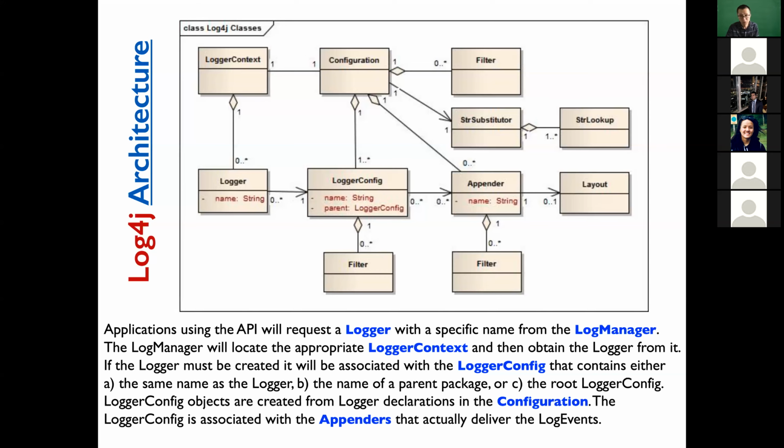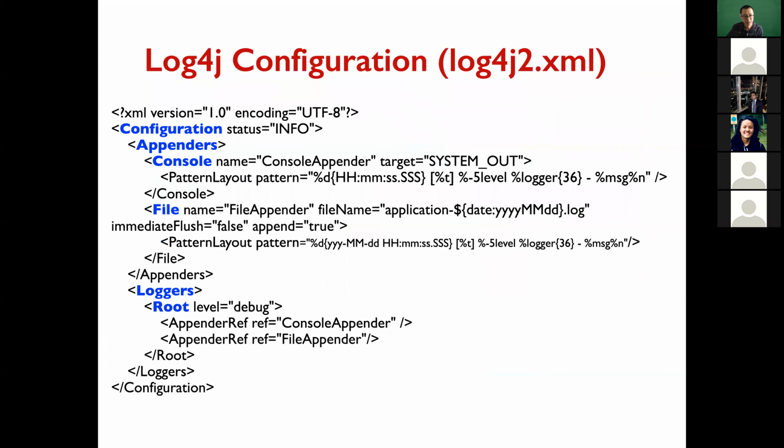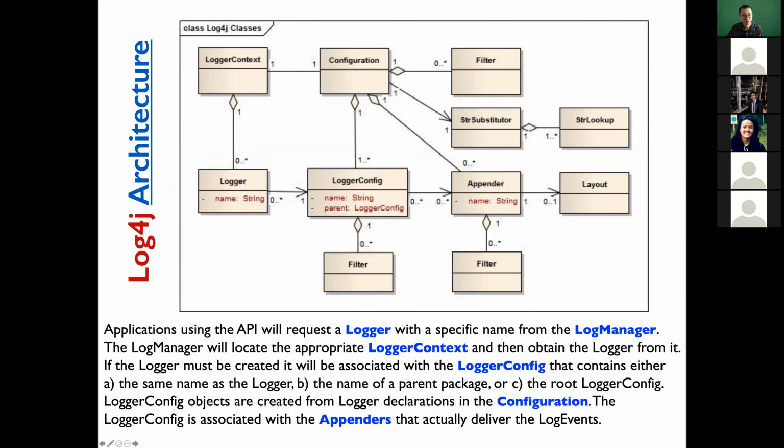log4j.xml configuration file, right? If you look at this here, we have loggers. Each logger here is actually a logger config, to configure a log level. So logger config objects are created from the logger declarations in the configuration.